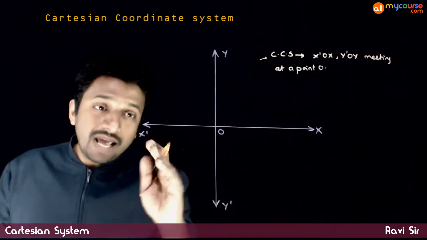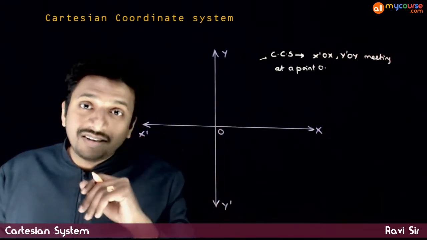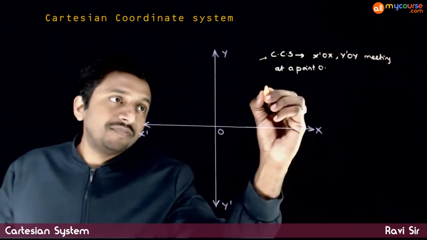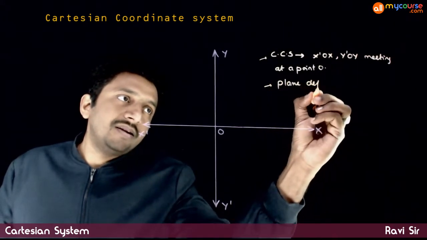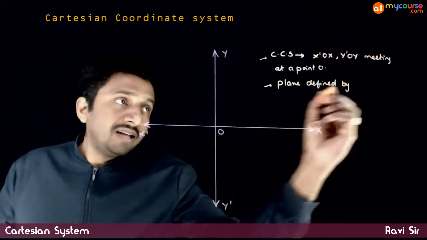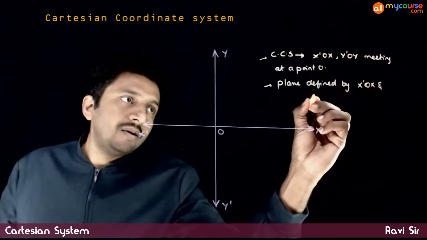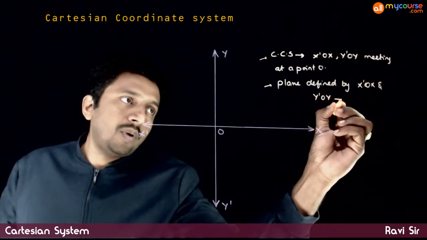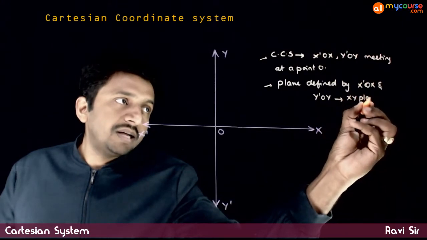And the plane defined by these two lines, which is the plane you're seeing, is called the xy plane. The plane defined by the lines X'OX and Y'OY is called the xy plane.